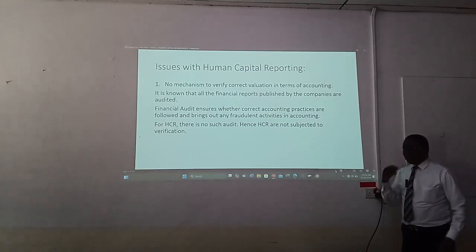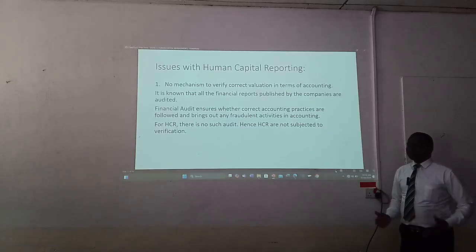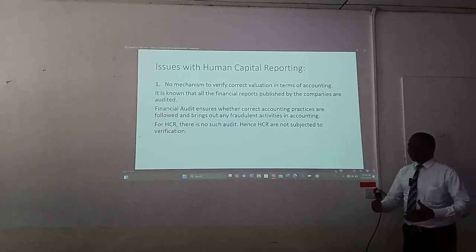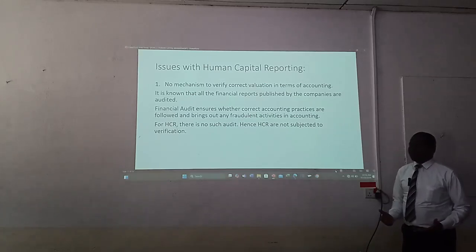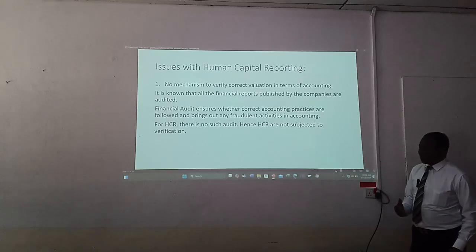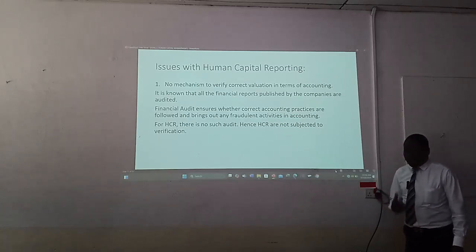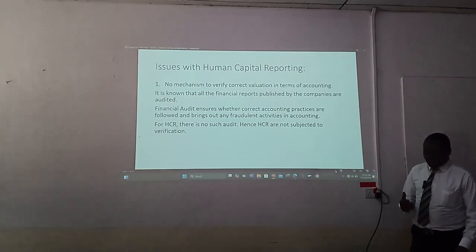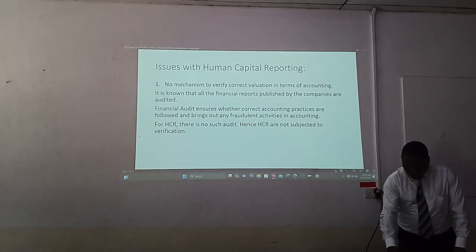So in other words, you cannot verify what is happening with your employees' behaviors. You cannot put it in mathematics. You can simply value it using qualitative information, in other words, using descriptions. But in actual sense, you cannot value it using accounting systems.